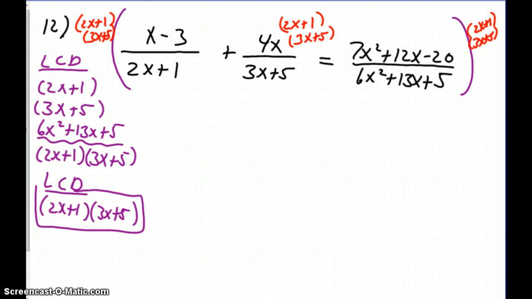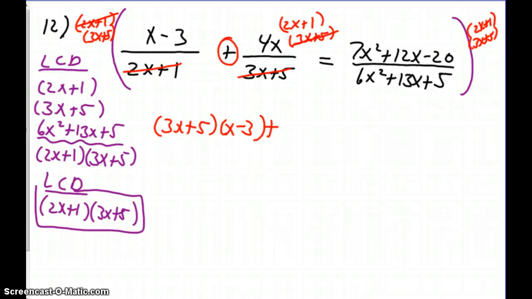When you multiply the first fraction by this, these cancel. So you get 3x plus 5 times x minus 3, plus, here, 3x plus 5 cancels. You get 4x times 2x plus 1 equals, and here, everything on the bottom cancels.